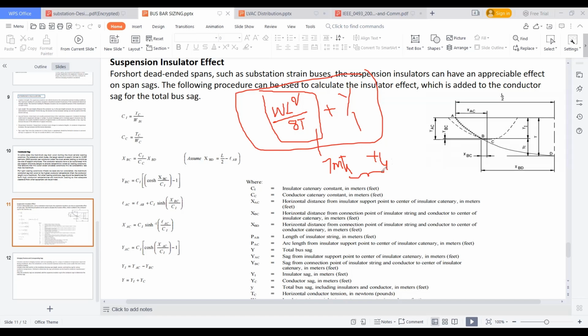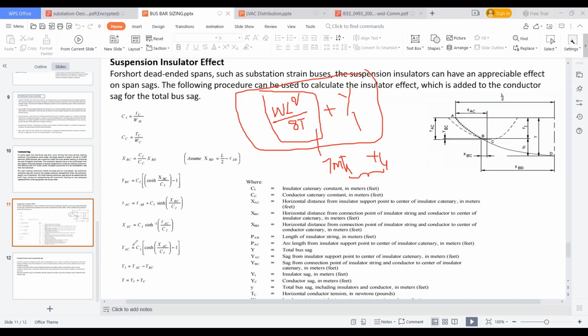This is again a separate subject. So what we have to find out in the strain bus, in a simple sentence: one, we have to calculate the sag. That sag is due to the conductor or the insulator. The insulator effect we have seen.